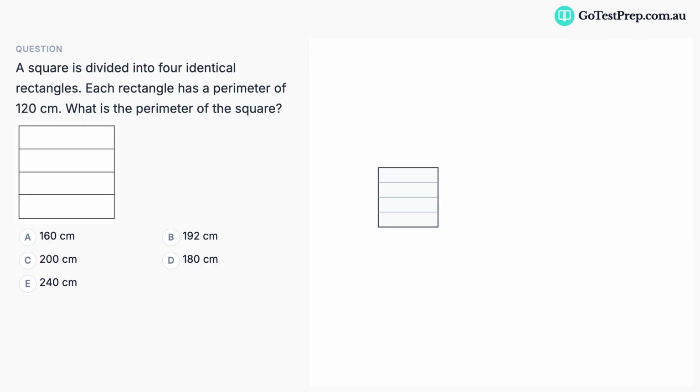Now let's use our second clue. Each of these identical rectangles has an absolute perimeter of 120 centimetres. The perimeter of any rectangle is calculated by adding 2 lengths and 2 widths together. Substituting our side variables into this rule, our rectangle's perimeter equals 2 times (4x plus 1x). 4x plus 1x simplifies to 5x, and doubling that gives us a total perimeter value of 10x.